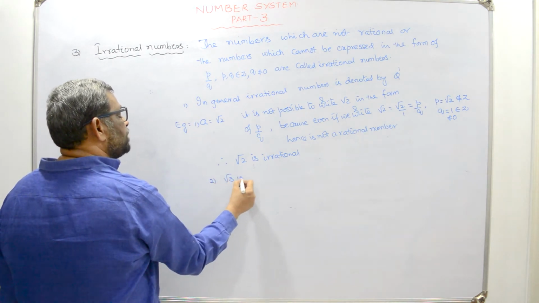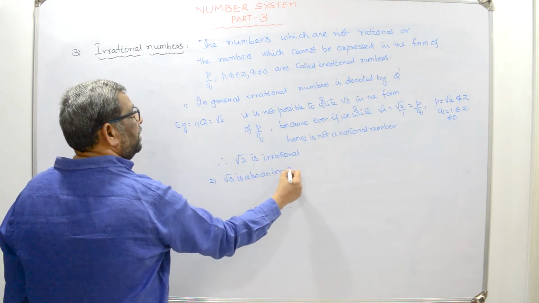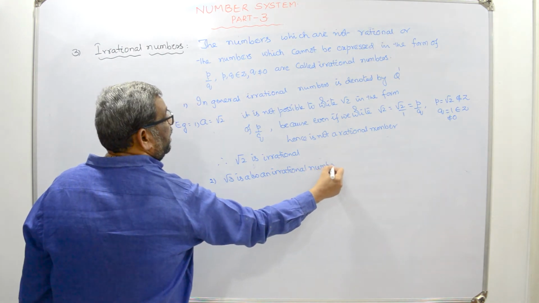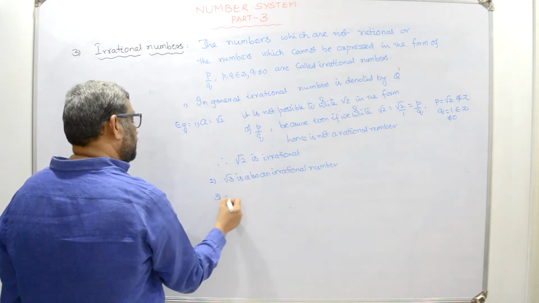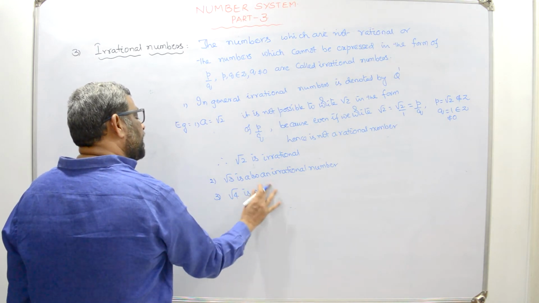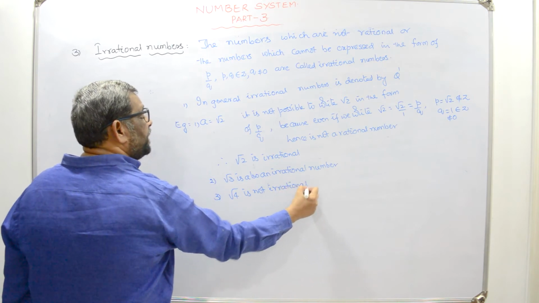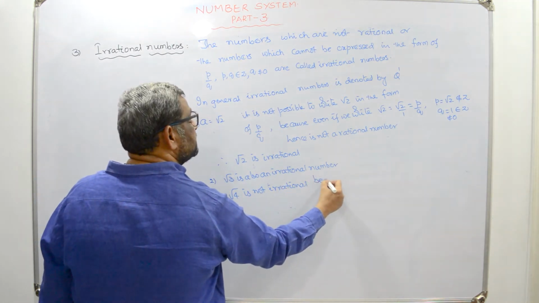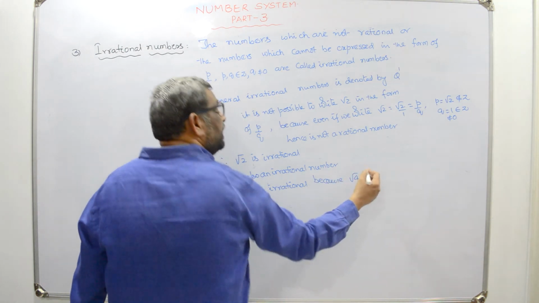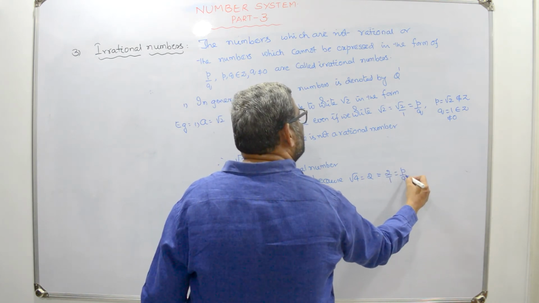Root 3 is also an irrational number. Root 4 is not irrational because root 4 is equal to 2, which can be written as 2 by 1 is equal to p by q.